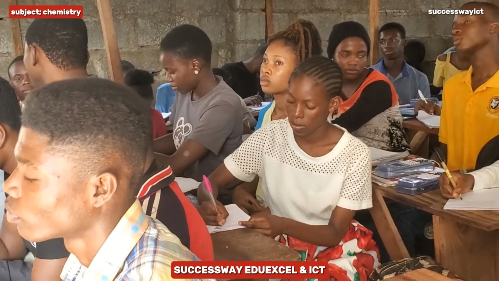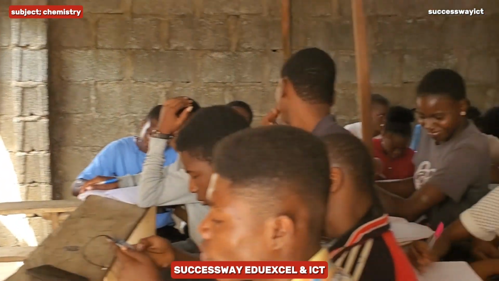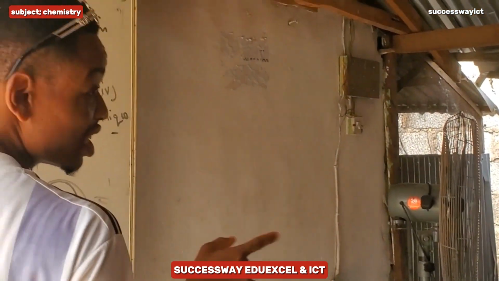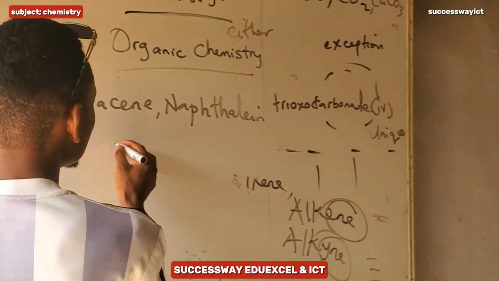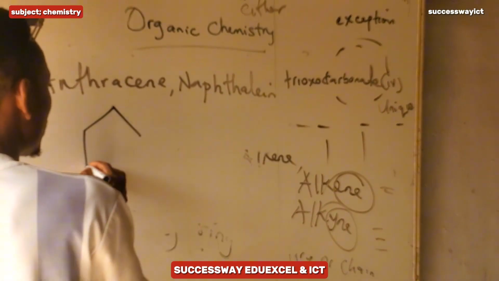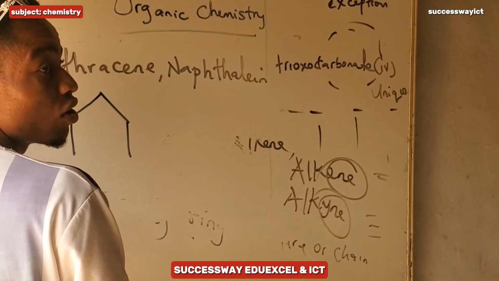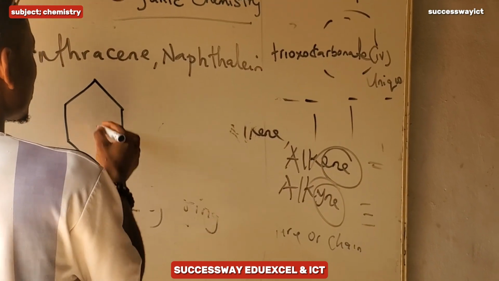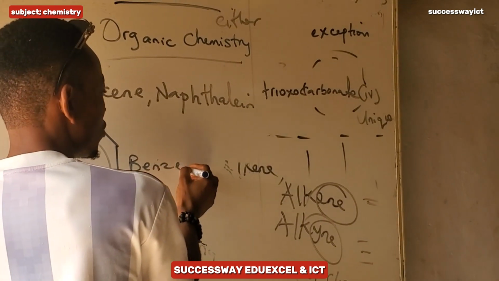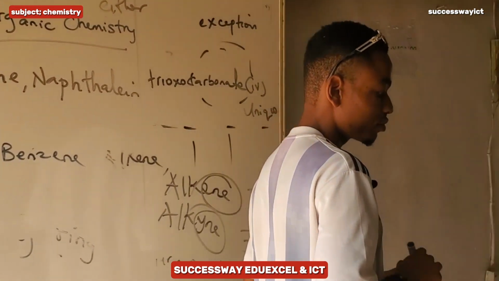Now, the next thing is, how do we draw the structure of benzene? You know benzene has a 6-ring structure, right? So we can draw benzene this way. How many is here? 2, one down. 5, 6. This is called benzene. But this is not the only structure.